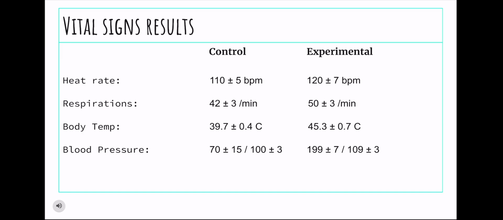And for blood pressure, we had 70 over 100 for the control, and then for experimental, we had 199 over 109. Based on all these results, we got closer to our conclusion and ruled out some of the other hormones based on things that they can do to your body and some things that other ones can't do.